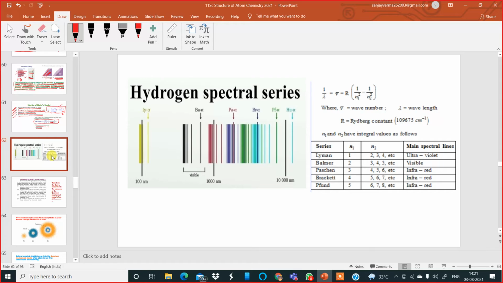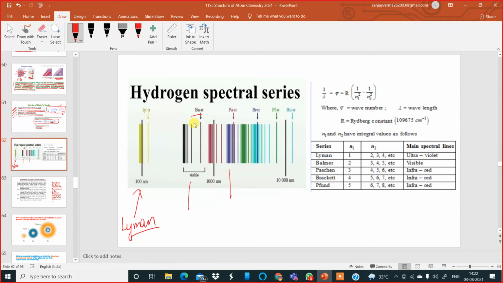Now, moving to the spectral series of hydrogen. In our next slide, you can see over here, this one is Lyman. I discussed about Lyman in today's morning class. Then we have Balmer, visible region.